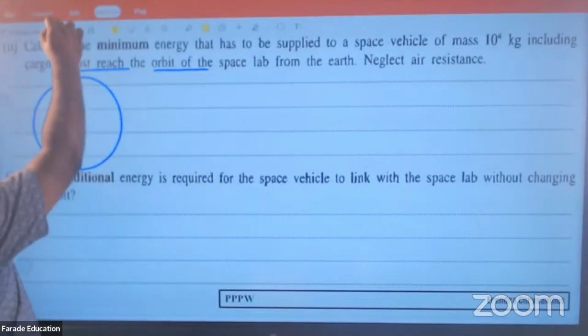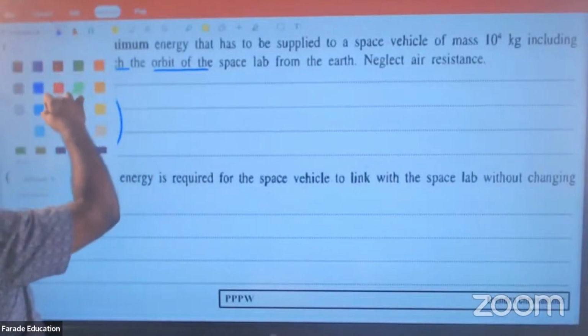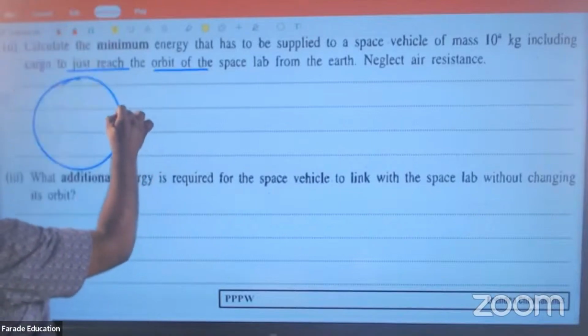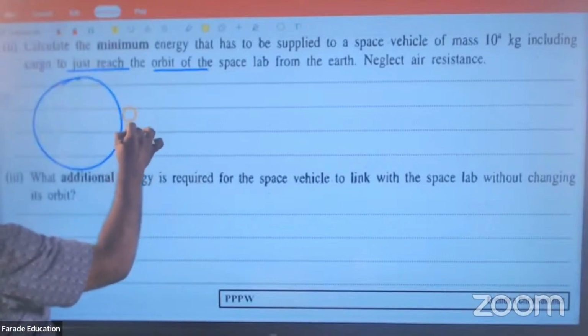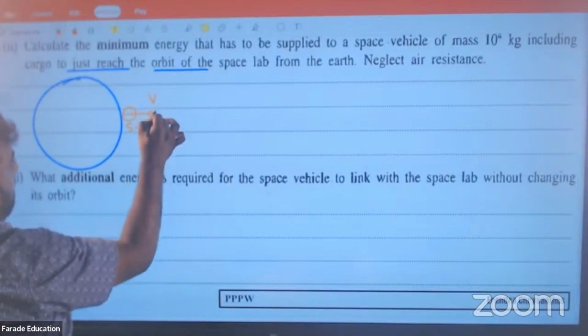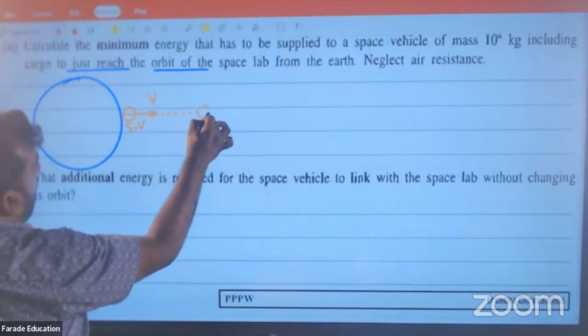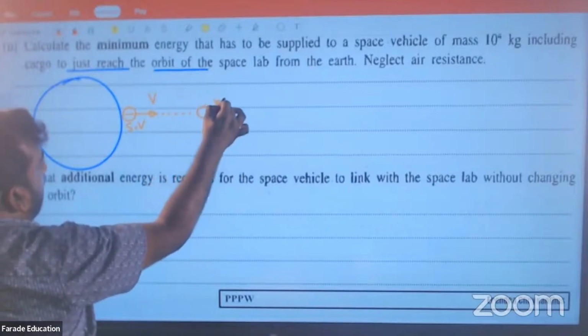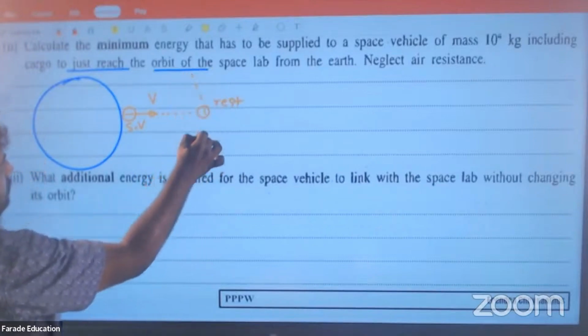Earth is here. Space vehicle is here. Minimum velocity means you are projecting it. Minimum energy just to reach the orbit.